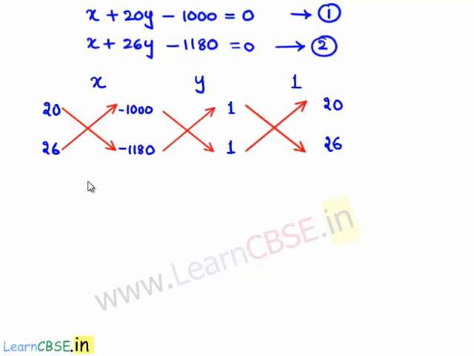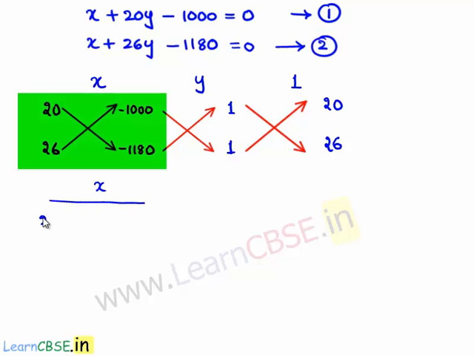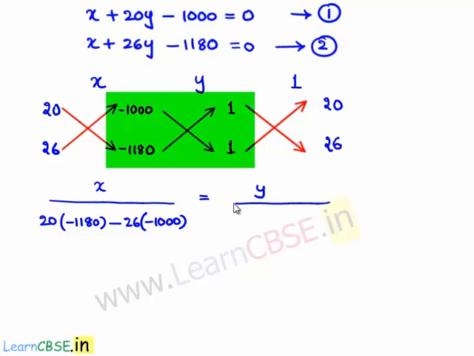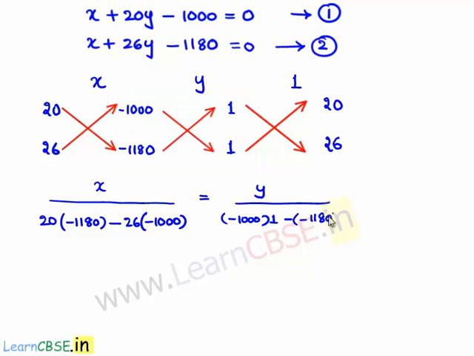Now we can write x divided by 20 times minus 1180 minus 26 times minus 1000. This is equal to y divided by minus 1000 multiplied by 1 minus minus 1180 multiplied by 1.